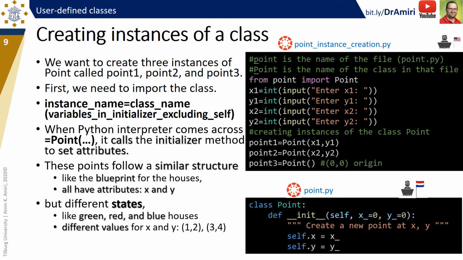Point1 will include x1 and y1 as the values for the two attributes. Point2 has x2 and y2, and point3 has 0 and 0 as the values of x and y. So this is similar to having green, red, and blue houses. If you change one of the values of x or y, then you say that the state of the class has changed.